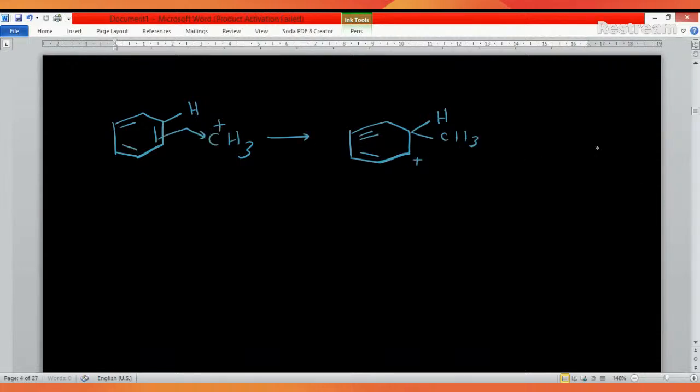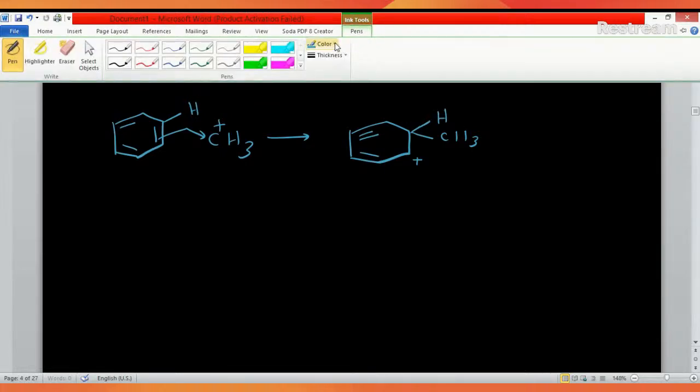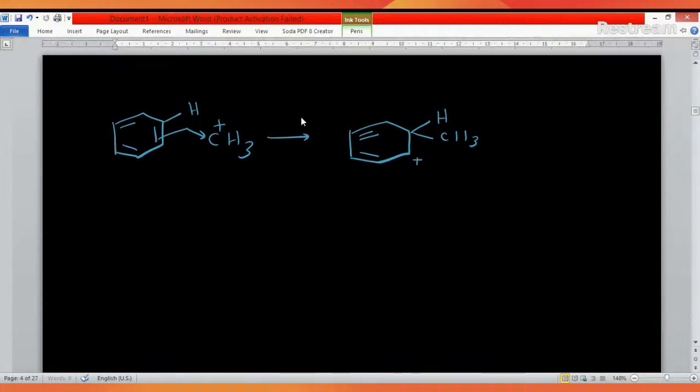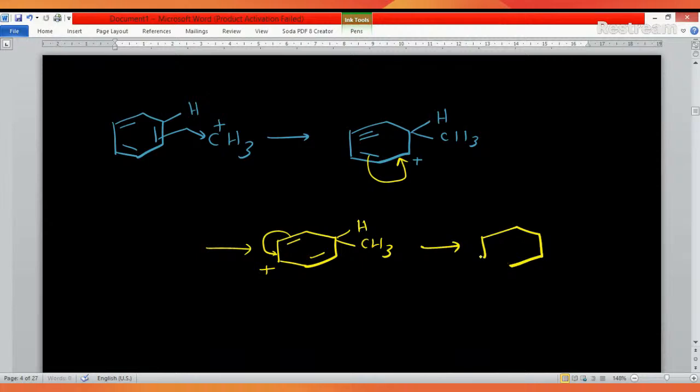this positive charge should be made neutral. For that purpose, we should shift an electron from this particular position. This pi electron is moving towards this side, so that we can have another structure, with H and CH3. Now this is carrying plus. When the pair of electrons is shifted towards this side, you can have this particular structure with H and CH3.